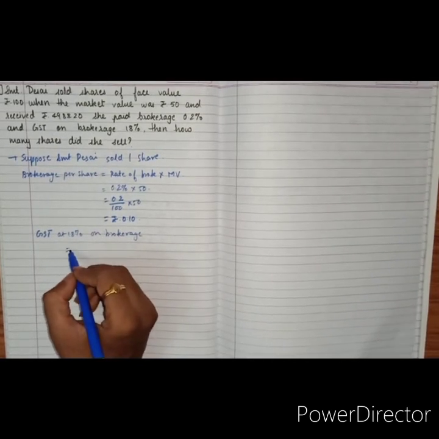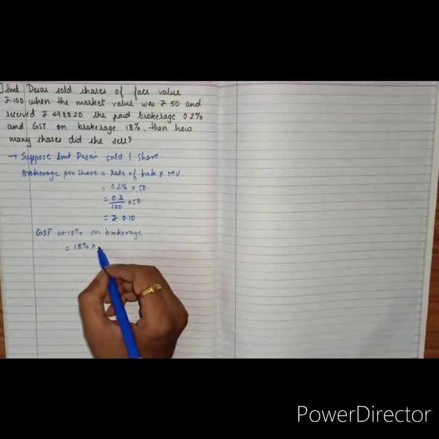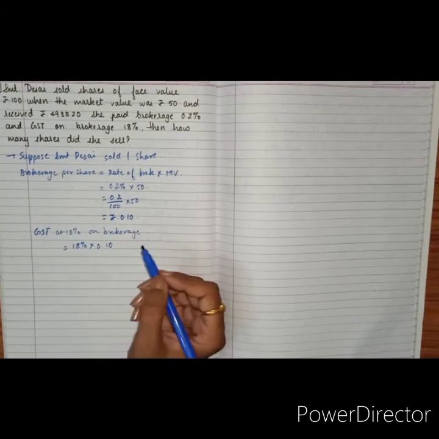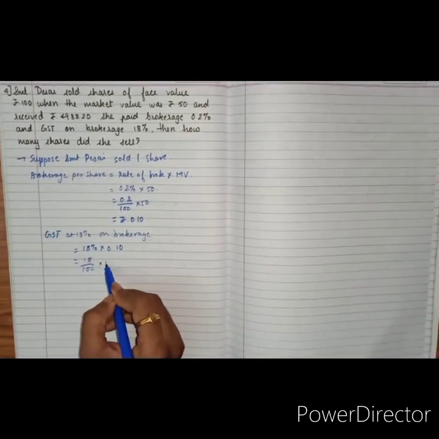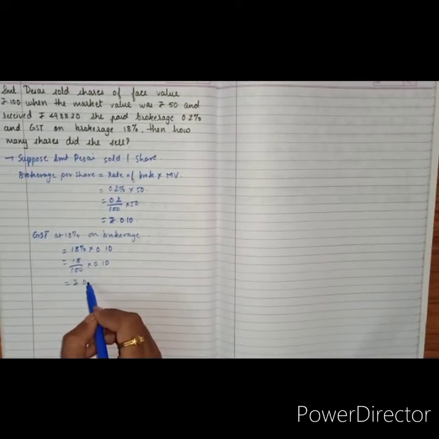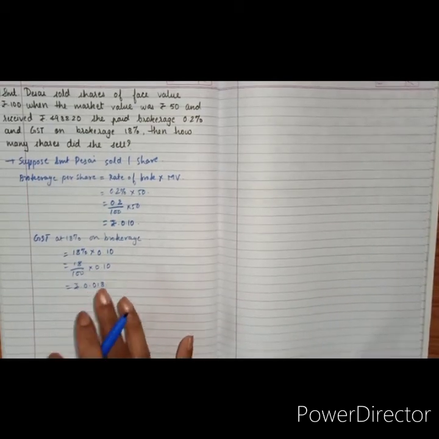So this will be 18% of brokerage. The brokerage we calculated is 0.10. This is 18 upon 100 into 0.10. This becomes rupees 0.018. This is your GST.